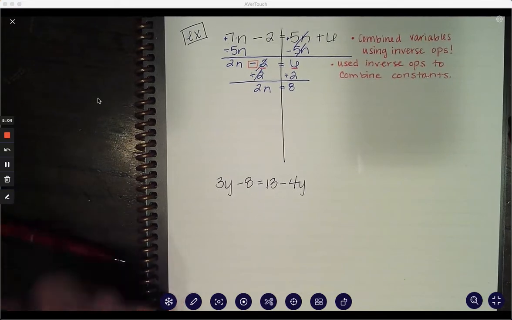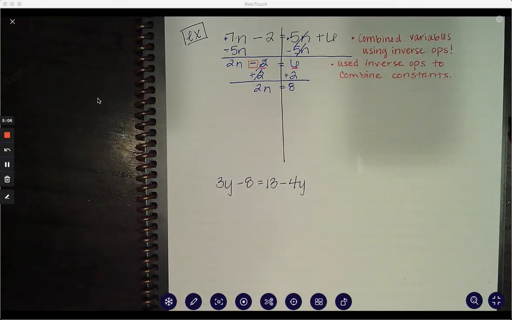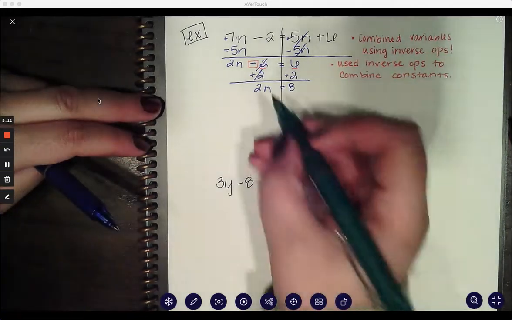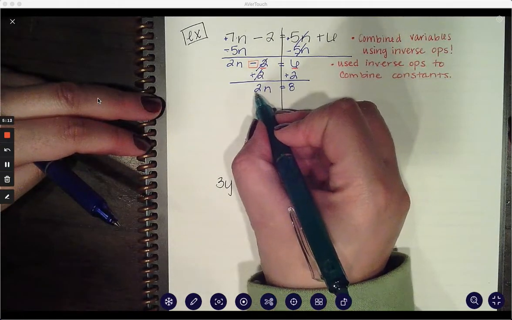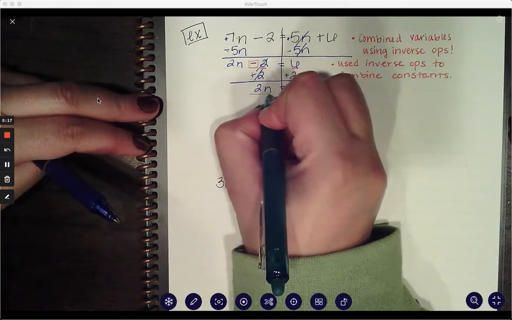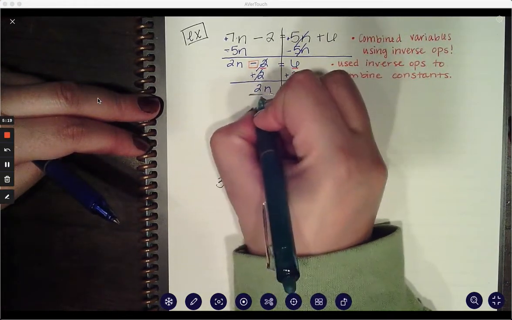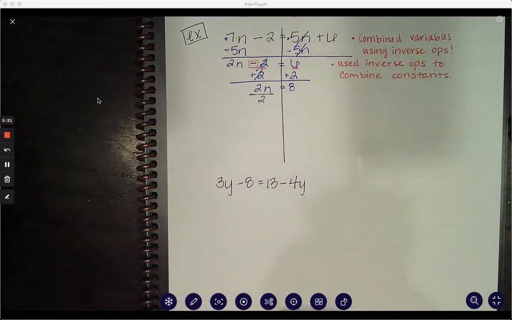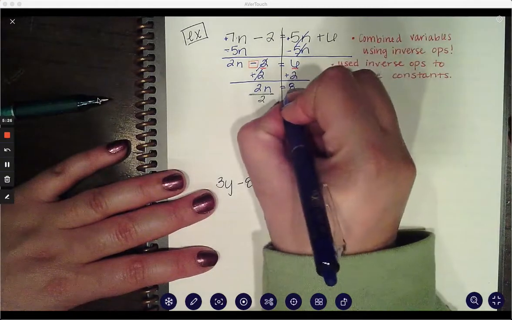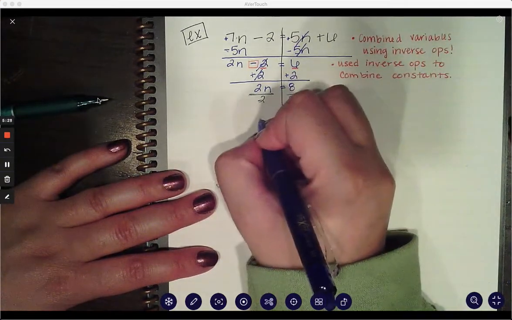Okay, and now the last step would be to either multiply or divide. And we know we have a coefficient and a variable. They're right next to each other, so I know that I'm going to divide, because the opposite of multiplication is division. So if I divide by 2 on that side, I have to divide by 2 on this side.